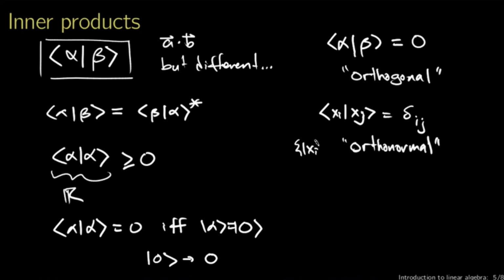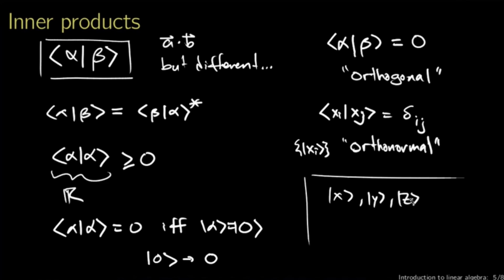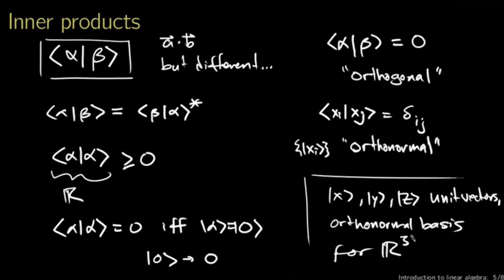This xi set is orthonormal. For instance, if I write x, y, z as unit vectors, they form an orthonormal basis for three-dimensional Cartesian coordinates.